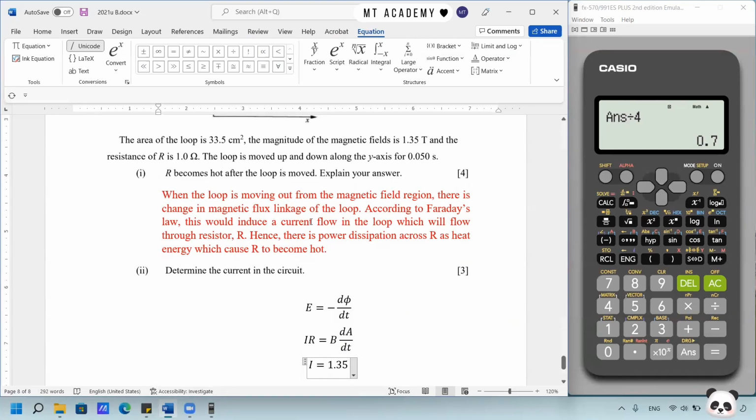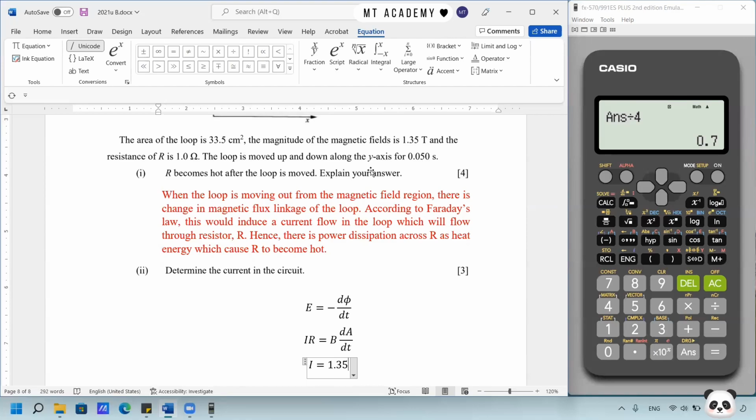Here I will assume that moving out and into the magnetic field takes 0.05 second. So let us assume that the time for moving out is 0.025, which is half of the time, and then moving in again for 0.025 second. This is the only assumption that I can make.